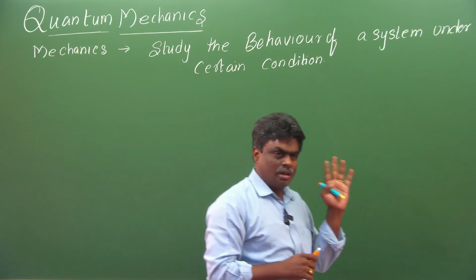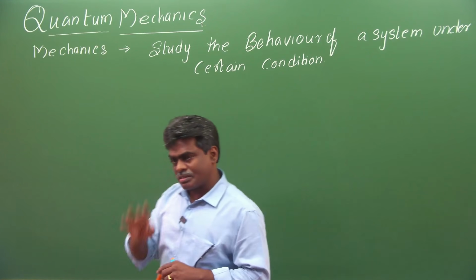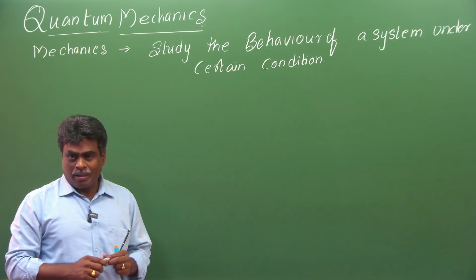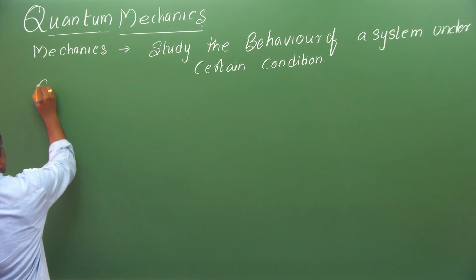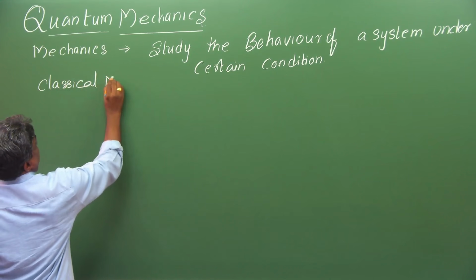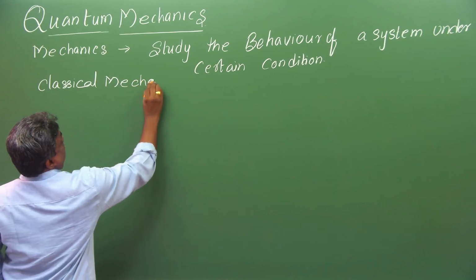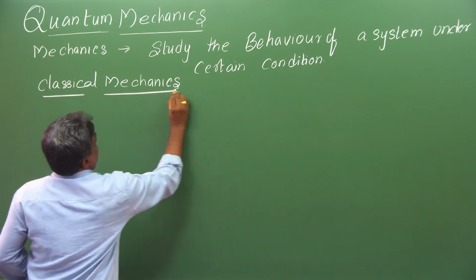So we have already one mechanics. From the school level onwards we are studying. Our hero, only one name we are hearing from the school level. What is that? Newton. Yeah. So let me take this classical mechanics. Okay, so what is this classical mechanics?